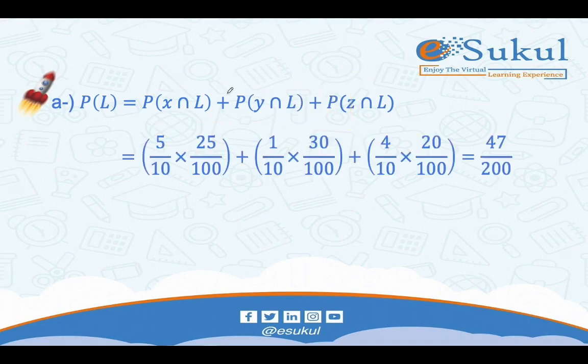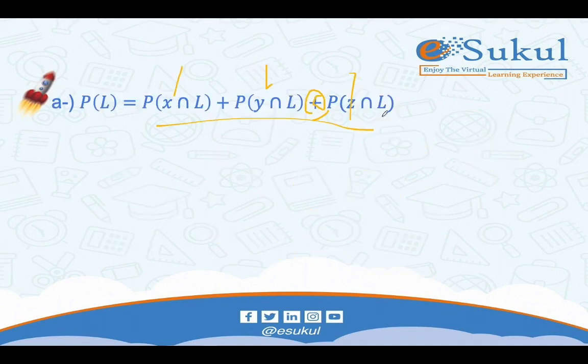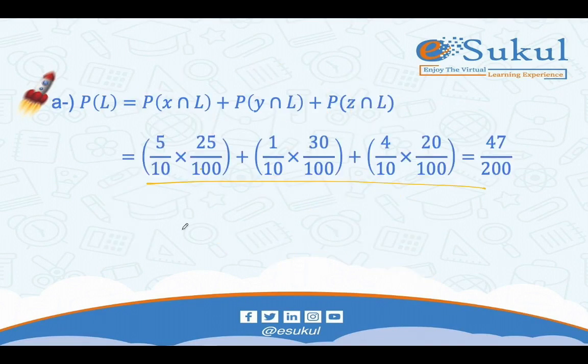Since the events are independent, we multiply across the branches and add between them. That's why we have this distributed operation. Therefore, our value for the lunch probability will be 47 on 200.